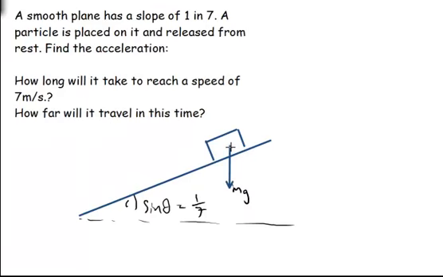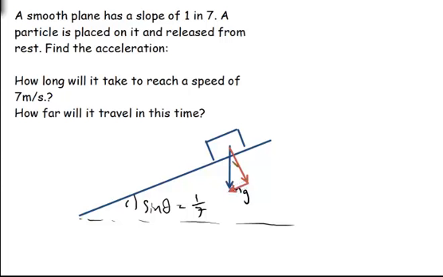We want to change this weight into two components. So instead of thinking about it as weight pulling straight down towards the centre of the earth, we want to think of it as weight as a component acting perpendicular to the surface and a component acting parallel to the surface.